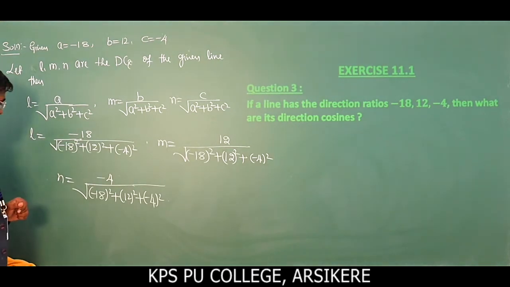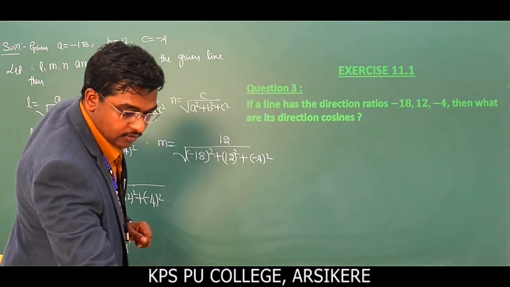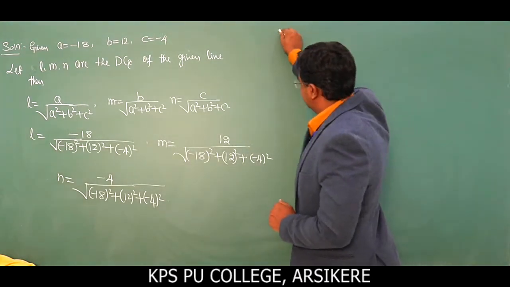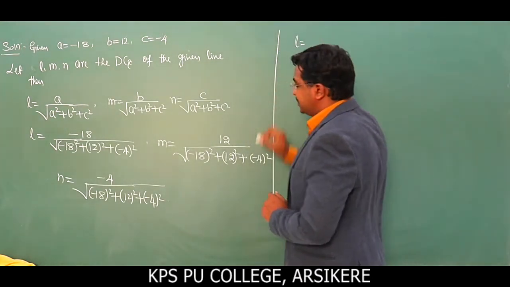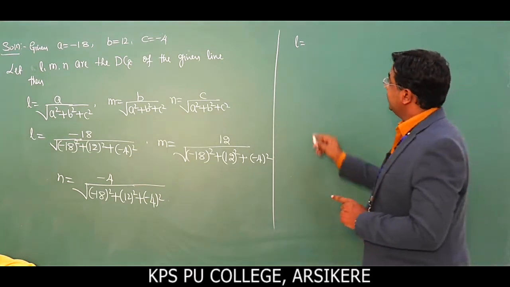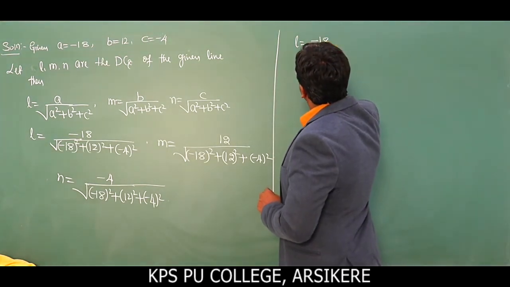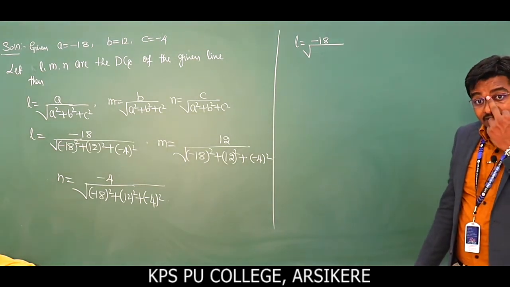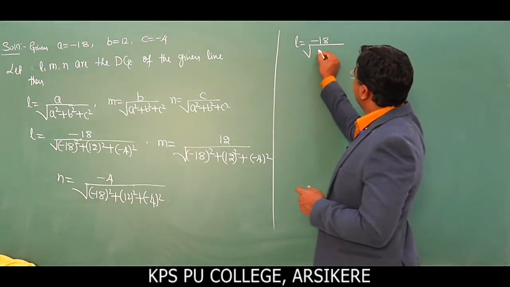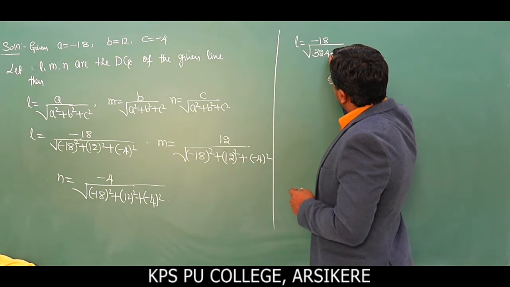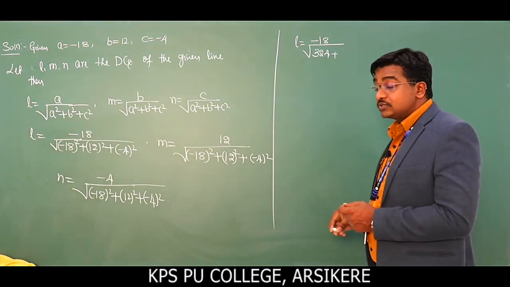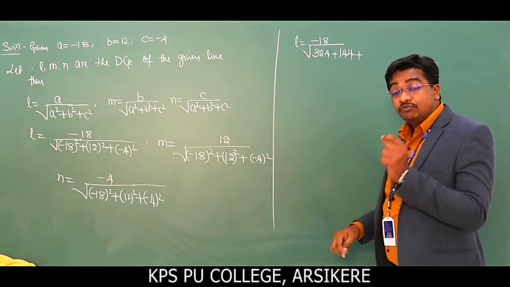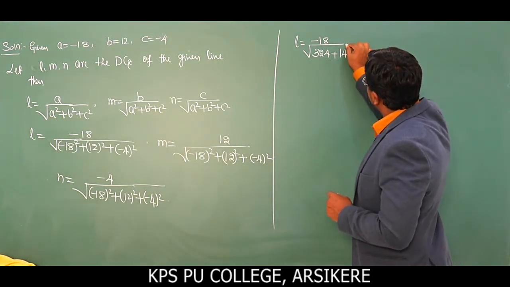Next is simplification. L is equal to minus 18 divided by the square root of 18 square, which is 324, plus 12 square, which is 144, plus 4 square, which is 16.